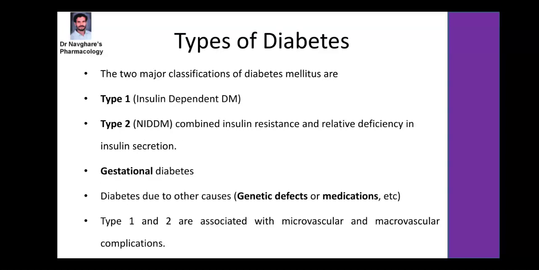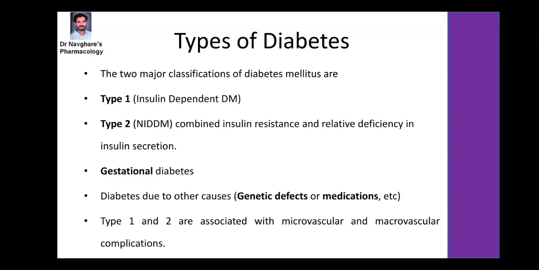So diabetes is divided into different types. Majorly, two types of diabetes are well recognized worldwide. Type 1 diabetes is called insulin dependent diabetes mellitus, meaning insulin is deficient in type 1 diabetes. Number 2 is type 2 diabetes. It is also called NIDDM, that is non-insulin dependent diabetes mellitus.